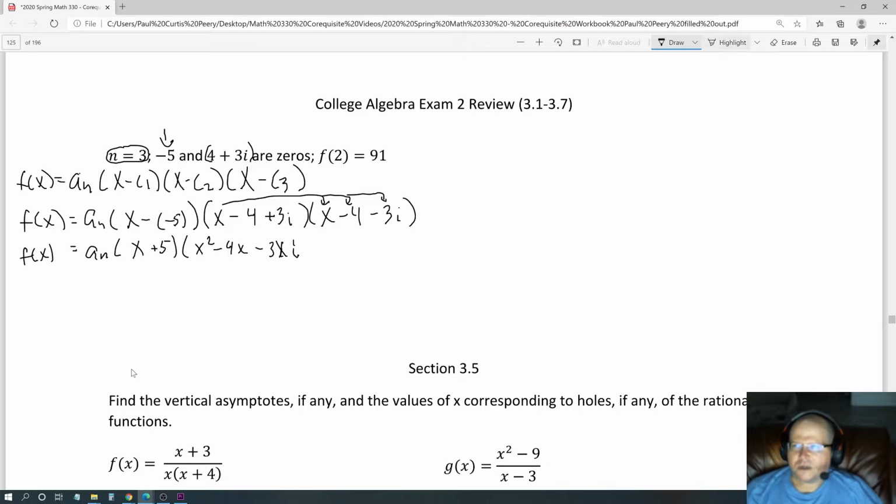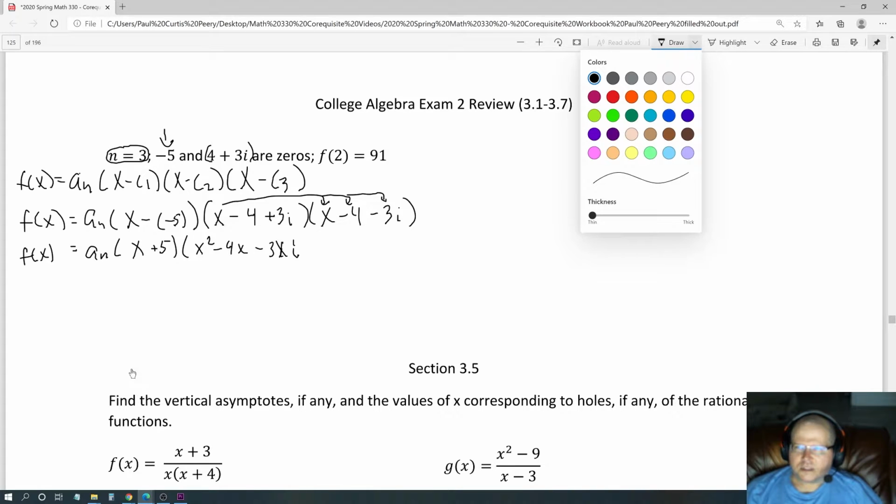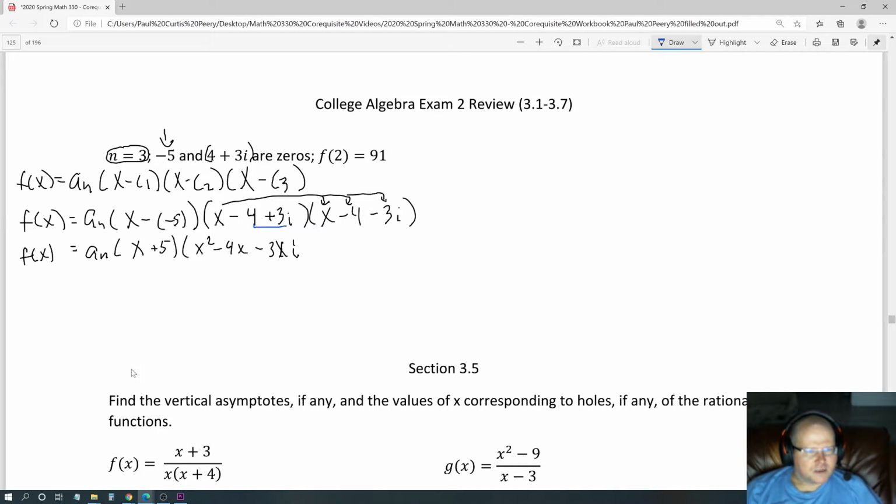Now let's use a different color, blue, and distribute the negative 4. Negative 4 times x is negative 4x, negative 4 times negative 4 gives me a positive 16, and negative 4 times negative 3i gives me positive 12i.